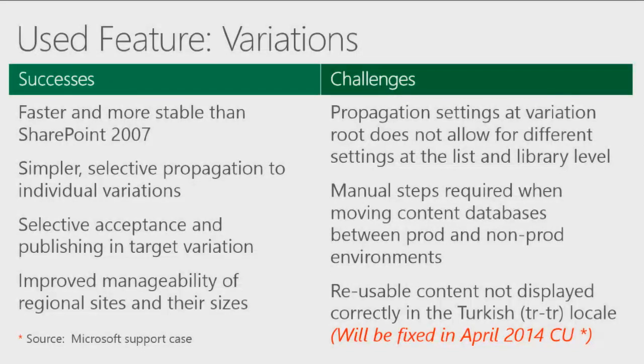Yeah, it's interesting from an IT perspective, our content database for support on 2007 was going upwards of 60 gigabytes. That's because at the time, we were having 23 variations. You think about all those pages getting replicated down through all the variations, even though they may never get used. So this gives us the opportunity to keep that content database smaller and more nimble.